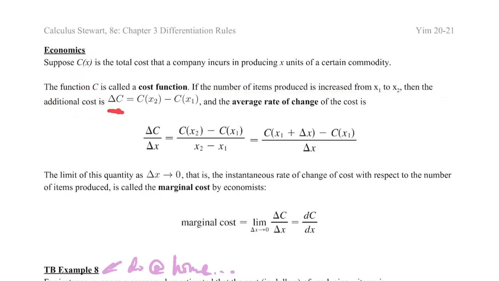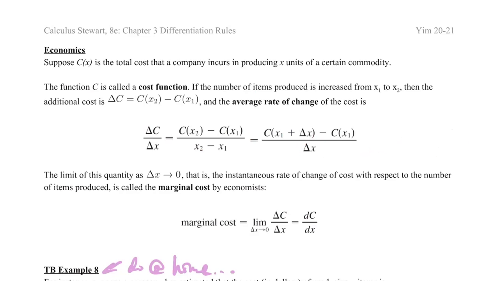That change in C, that delta right there, implies an interval over a period of time. And the average rate of change of the cost is change in C over change in X. So that's what that is. Or this is an average cost starting at X1 over a certain time period.